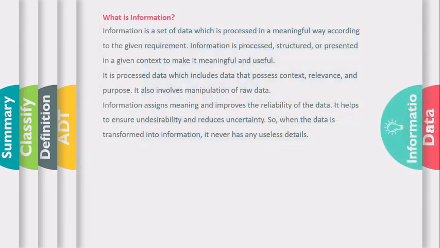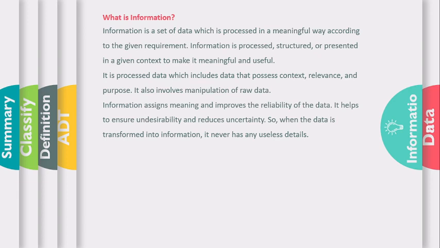Next, what is information? Information is a set of data which is processed in a meaningful way according to a given requirement. Information is processed, structured, or presented in a given context to make it meaningful and useful.